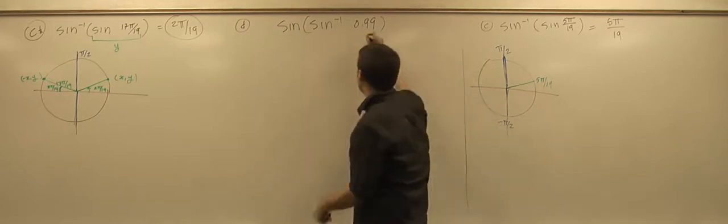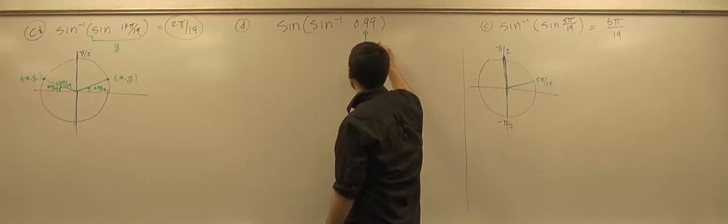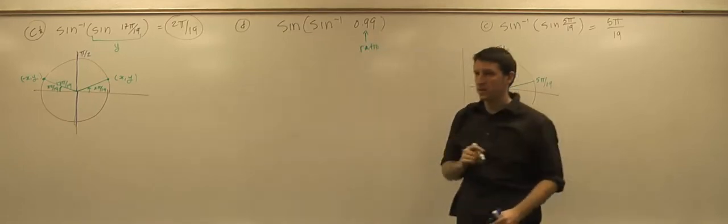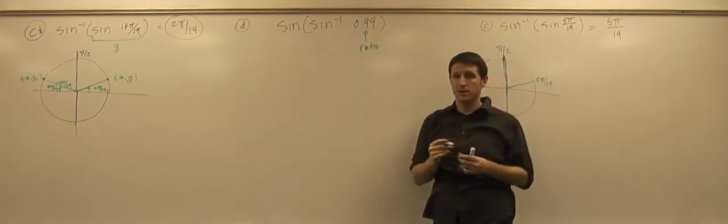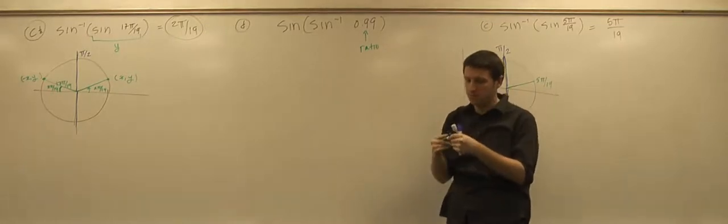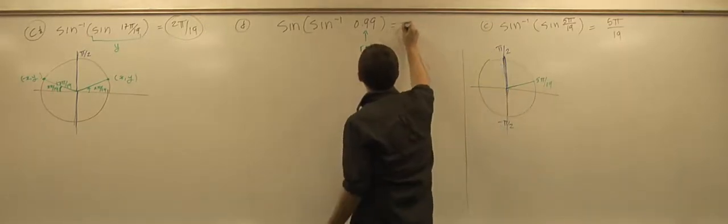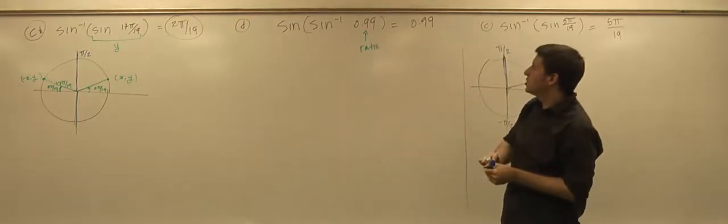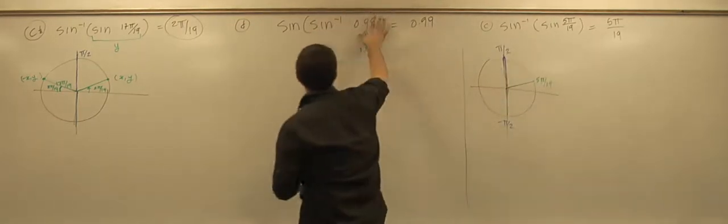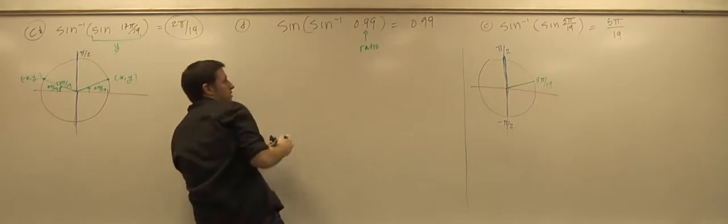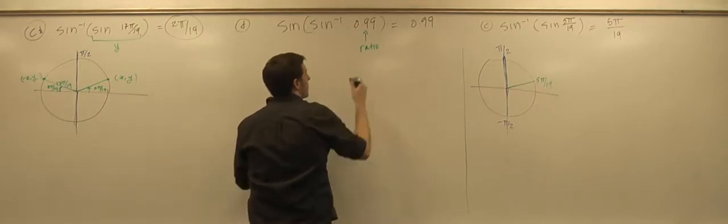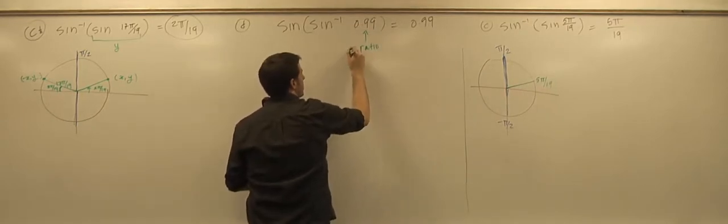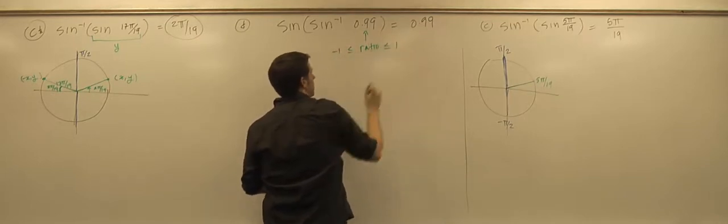It's a ratio. And for ratios, we want to be between what and what? Negative 1 and 1. Is this between negative 1 and 1? Sweet. Because this is between negative 1 and 1, we can just cancel them and get out the same ratio that we started with.